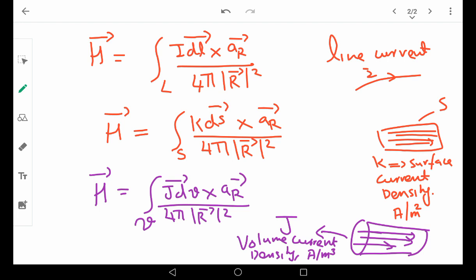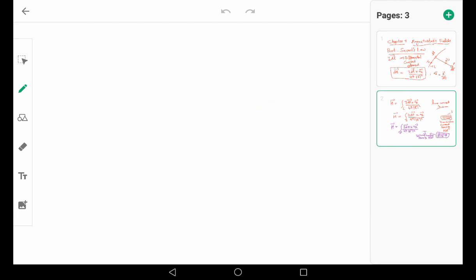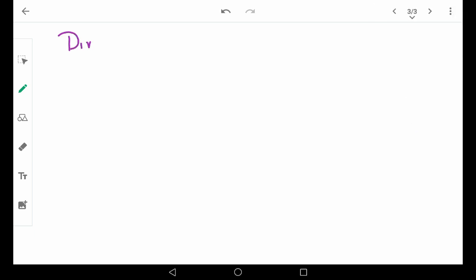Now, I will discuss the direction of this magnetic field intensity. The direction of H is normally given by the right hand screw rule.